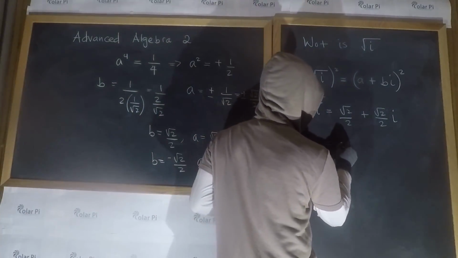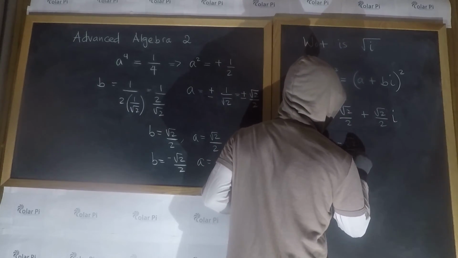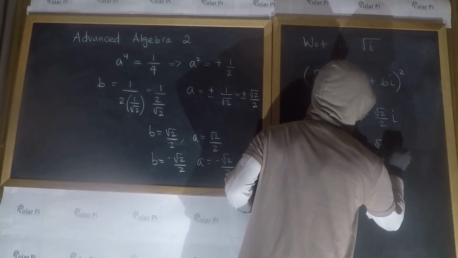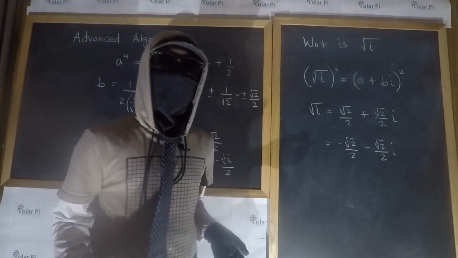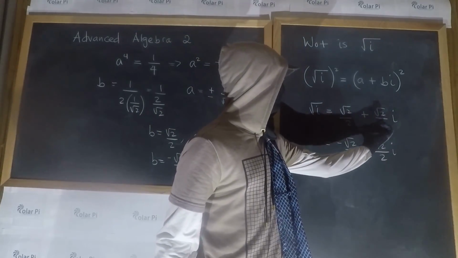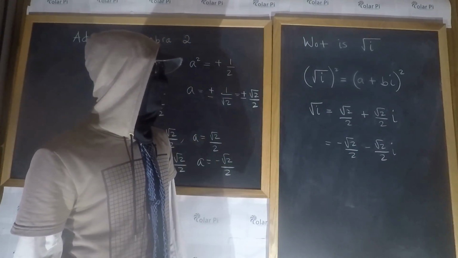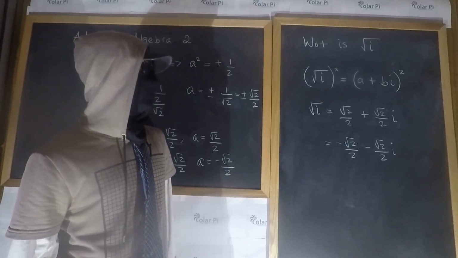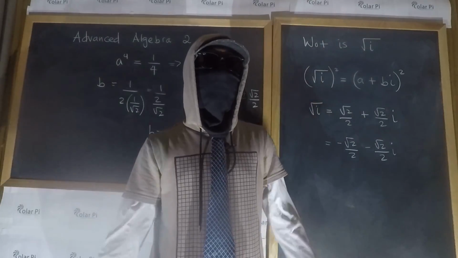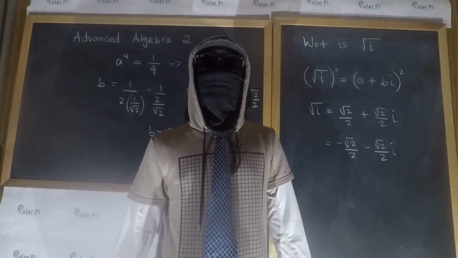Or it's equal to negative root 2 over 2 minus root 2 over 2 i. And how can we check that we found the correct answer? Well, square this and square this, and you will see that you're going to get i. Okay, cool. That's done.